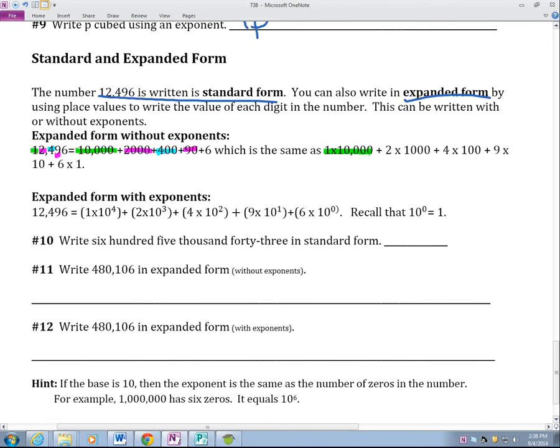Once again, 1 times 10,000 is 10,000. 2 times 1,000 is 2,000.